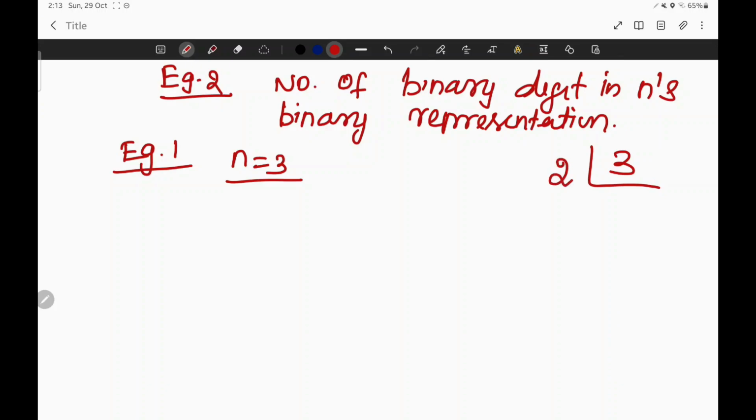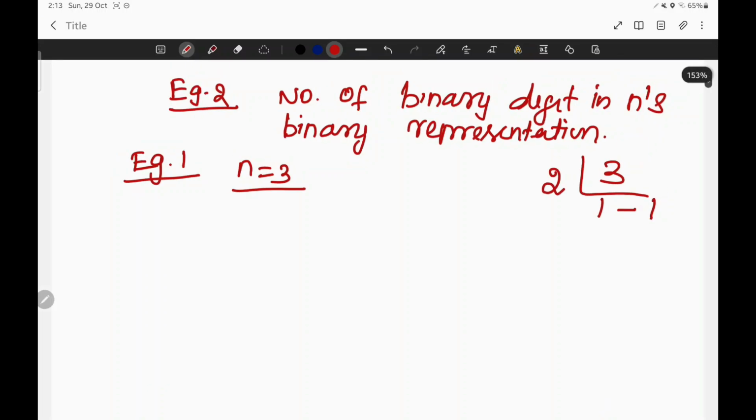So usually how will we be doing? We will divide it by 2 and we'll get the remainder. So what is the value? 1 1 base 2. So totally how many digits are there? 2. So 2 is the total number of count after converting the decimal value into the binary digits. So how will we be doing this?